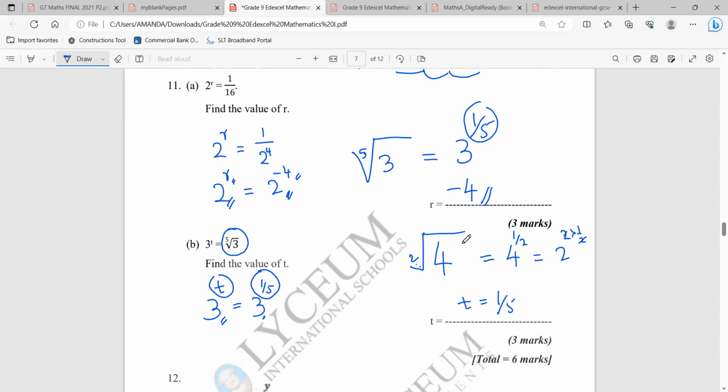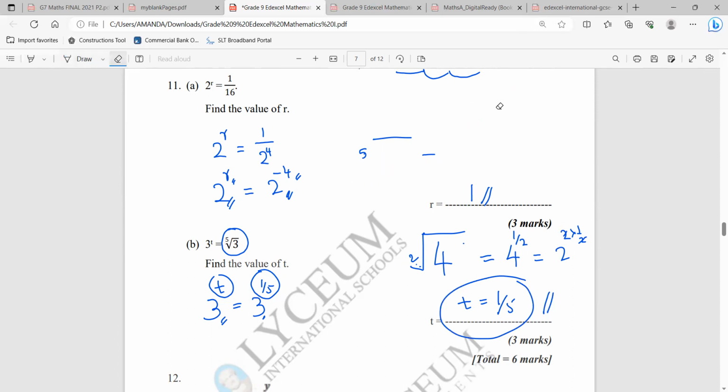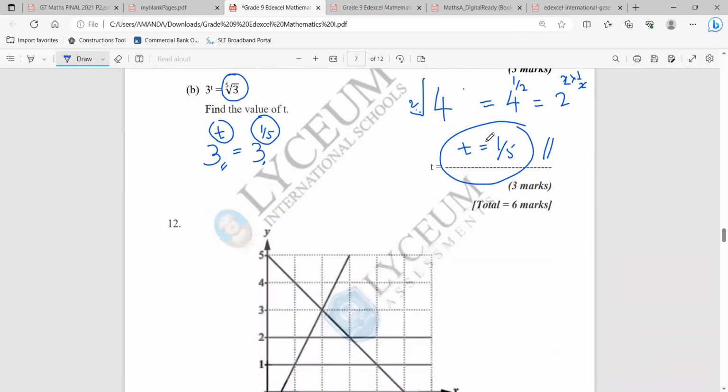This is going to be just 2. So you get the same answer. So now this is done. The answer. Right? So remember, whenever you see something like this, so even if you see 6 here and 5, this means 5 to the power 1 over 6. Okay, done. That's a small recap for you.